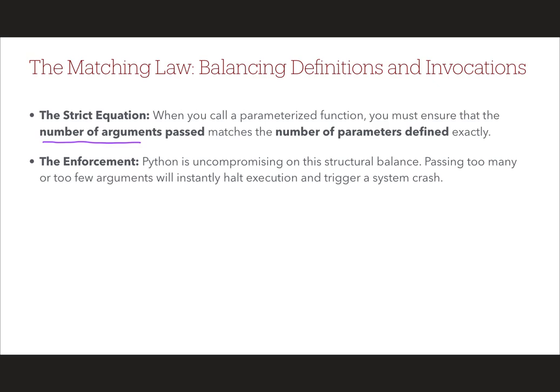Python is uncompromising on this structural balance. Passing too many or too few arguments will instantly halt execution and trigger a system crash, meaning you will see an error message.